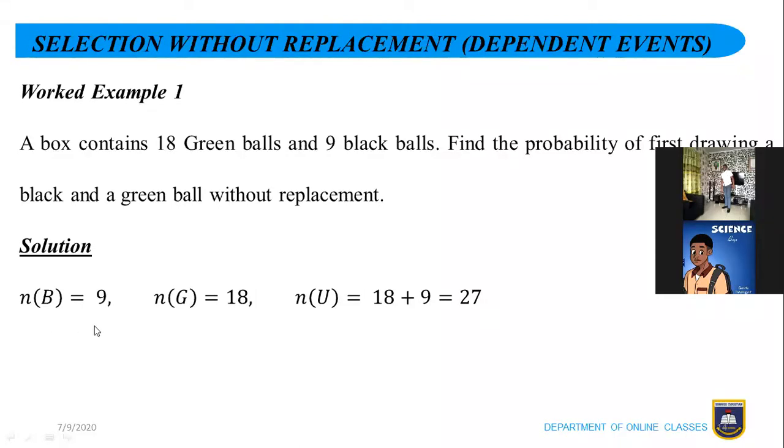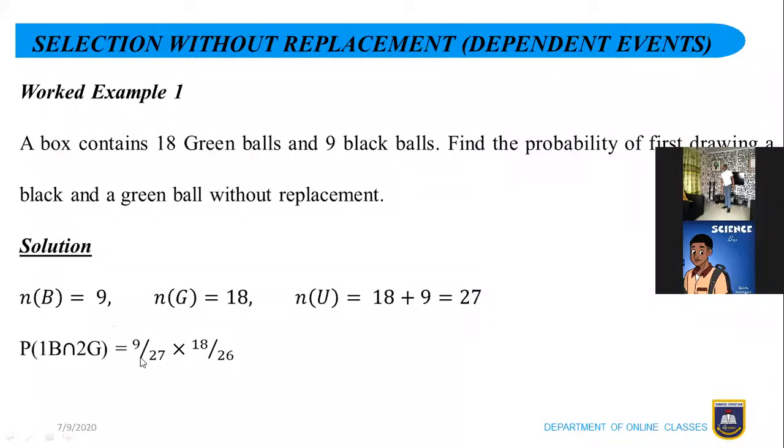Now, out of the 27, 9 being black, 18 being green, we are going to select the first black ball. So, probability that first is black and second is green.